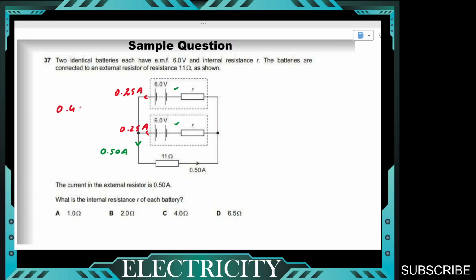I mean, you could get a current of 0.50 this way as well, but it would be inconsistent because the batteries are identical and they must be providing the same current. All right, so the next thing is, if we know the current through each battery, we can also say that the current passing through this resistor is 0.25 amperes, and through this resistor also 0.25 amperes.